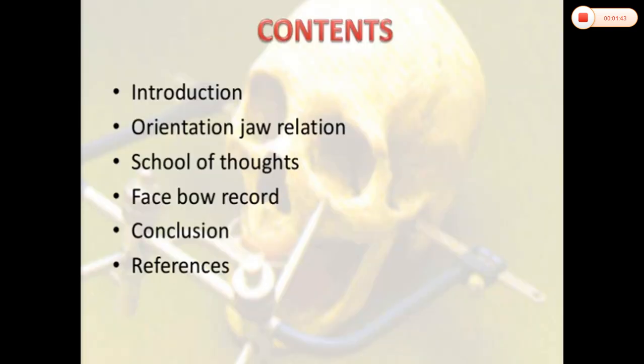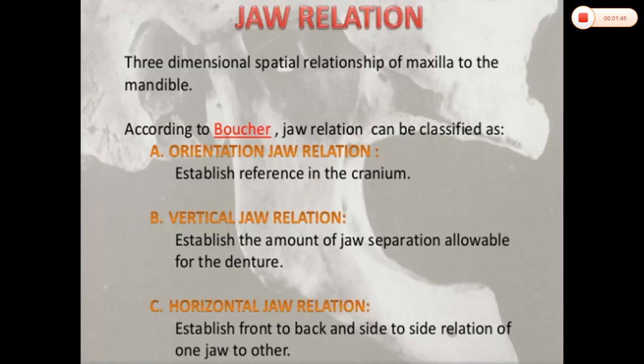According to this, we have three different types of jaw relation records between maxilla and mandible. The first one being orientation jaw relation, the second one being vertical jaw relation, and the third one being horizontal jaw relation. We're going to talk about the orientation jaw relation today.